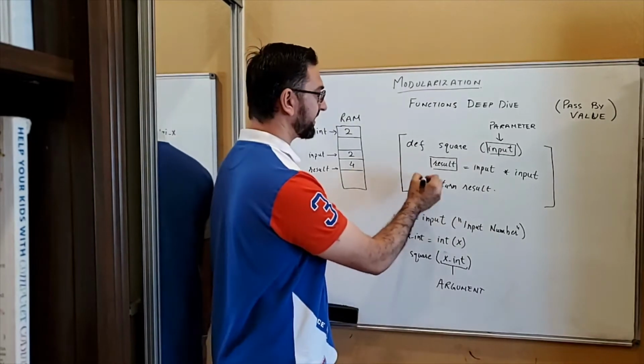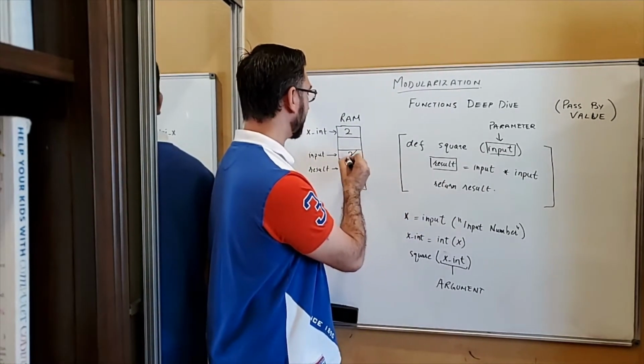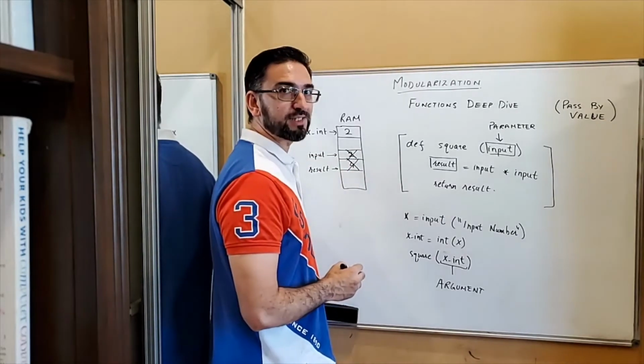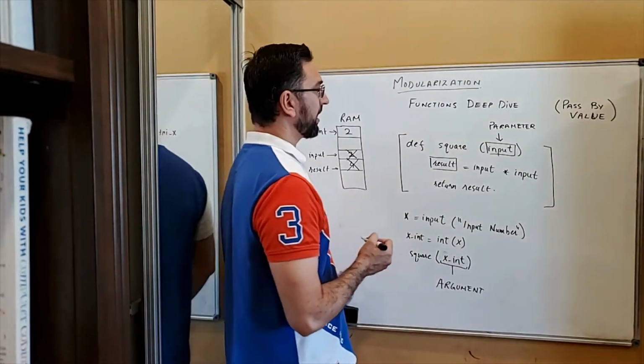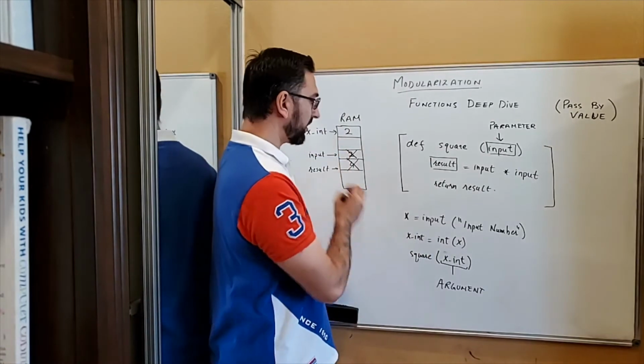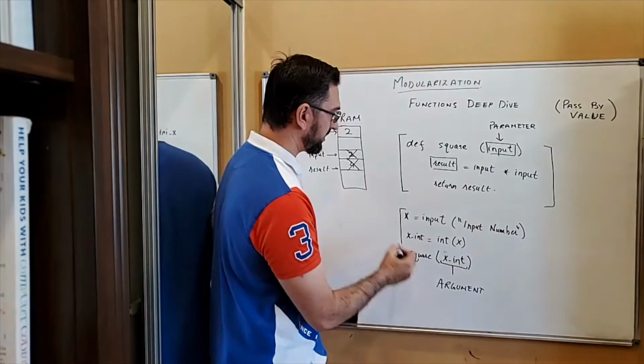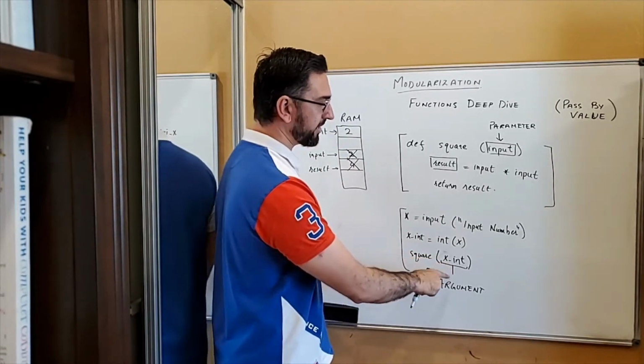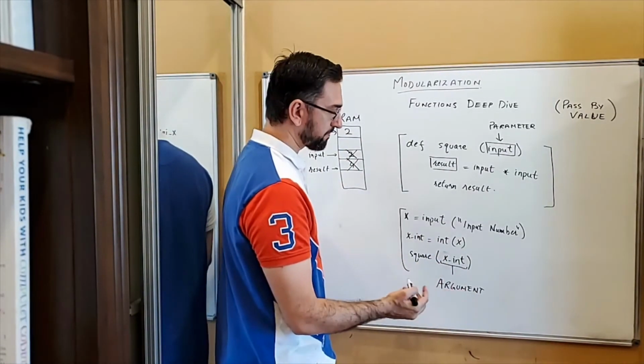So when the function executes and returns the value, this value is gone and this location is gone, because these are local variables. However, the caller of the function right here still has a value x int. So if you print x int here, it will still be available.